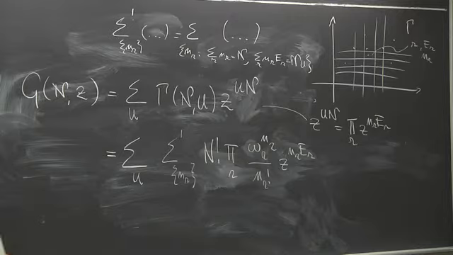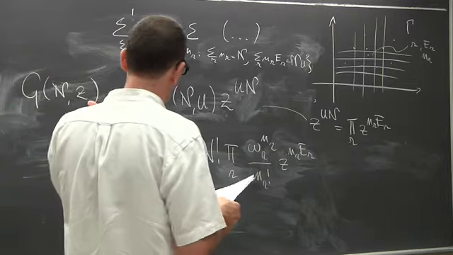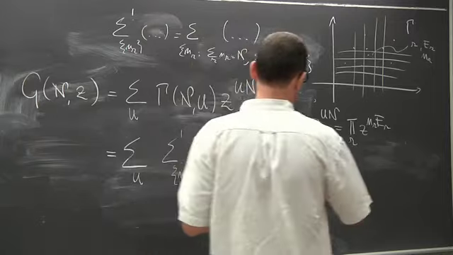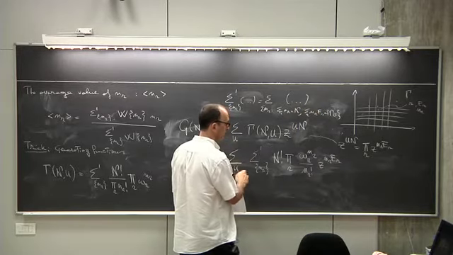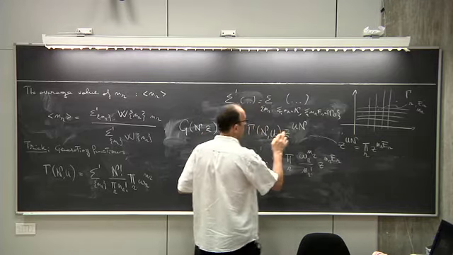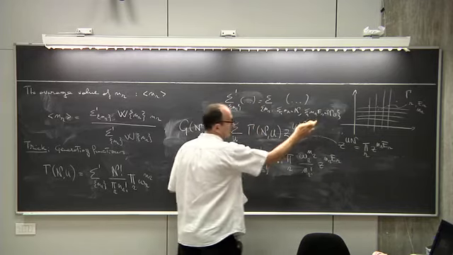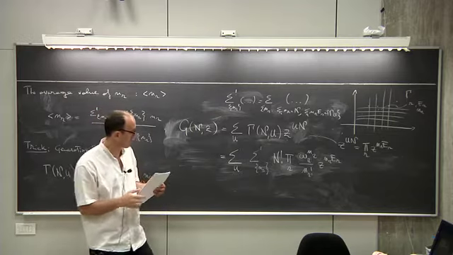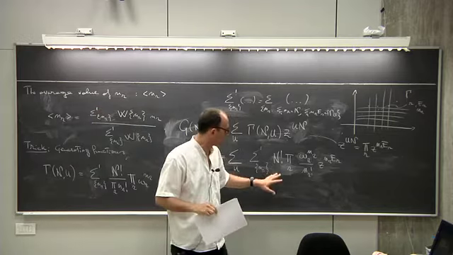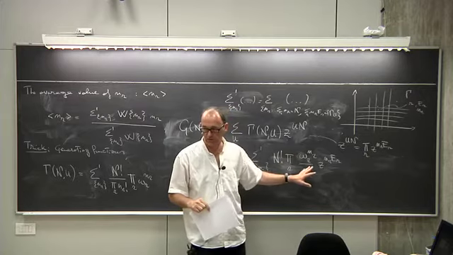And now what you see is that the sum over u is just imposing that this is equal to this. But the sum over u is not affecting anything because nothing here is a function of u.